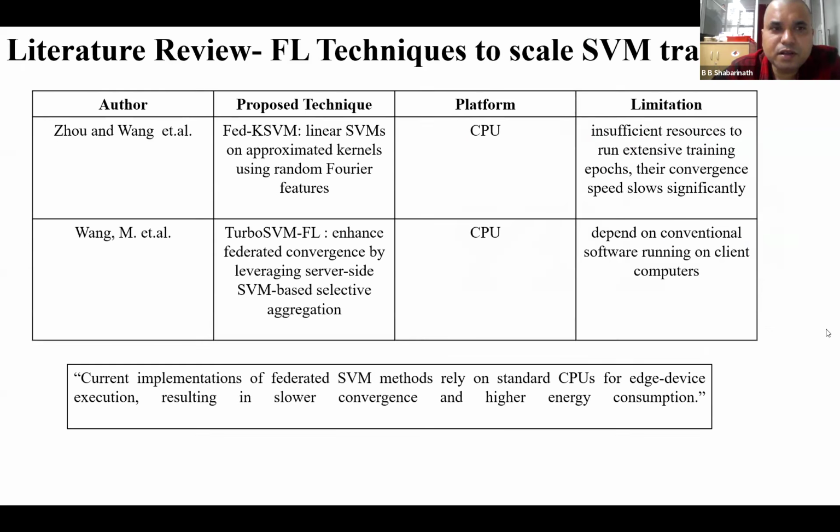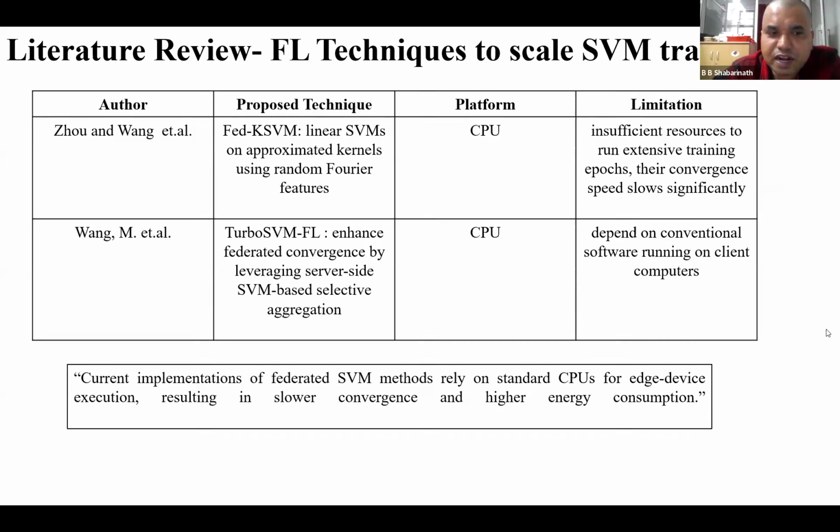Coming to the literature review, we focused on federated learning techniques for SVM training. In the literature, there are two important proposed methods. One is authored by Zhou and Wang et al. Their proposed technique is called FedK-SVM, where they used linear SVMs on approximated kernels using random Fourier features, but implemented on CPU. The main limitation is insufficient resources to run extensive training epochs, so their convergence speed slows significantly.